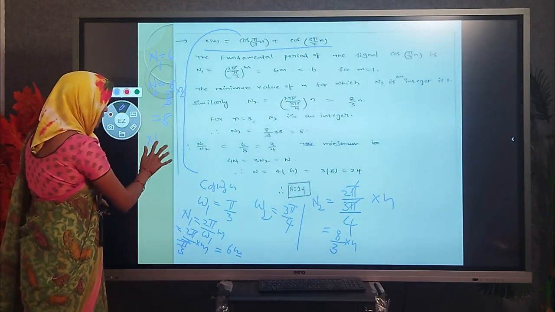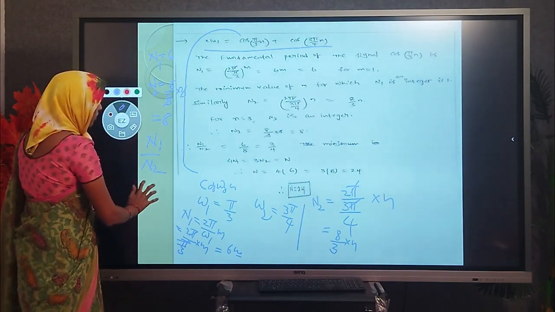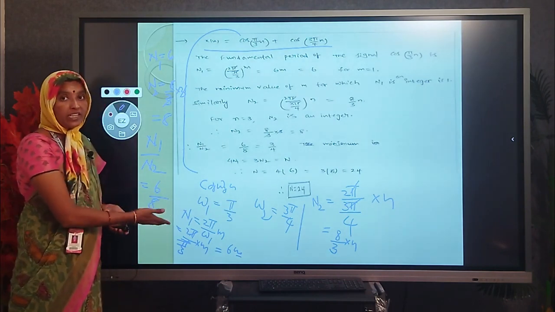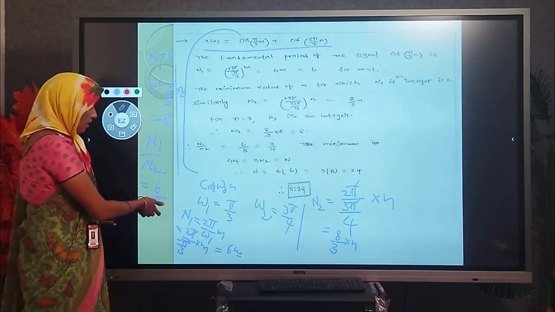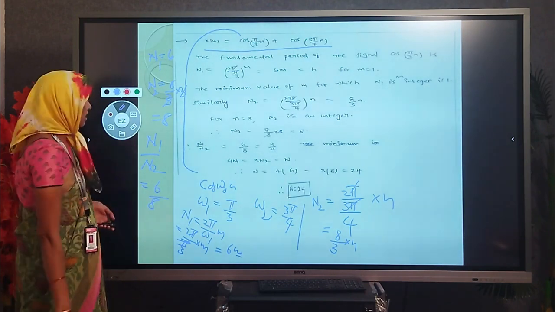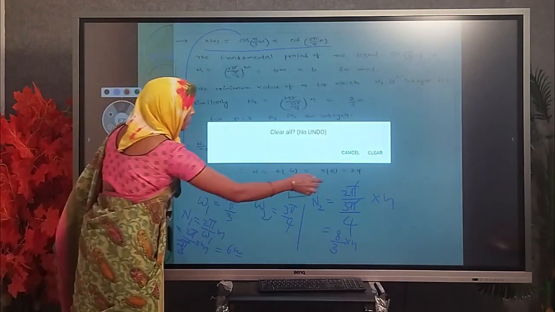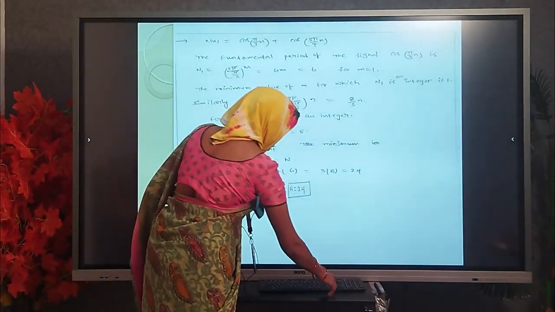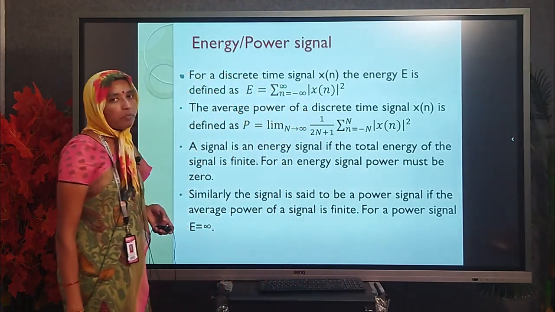So take N1 by N2. N1 by N2 is 6 by 8. That is a ratio of 2 integers. That's why this signal is a periodic signal. In that manner we have to check whether the signal is periodic or non-periodic.